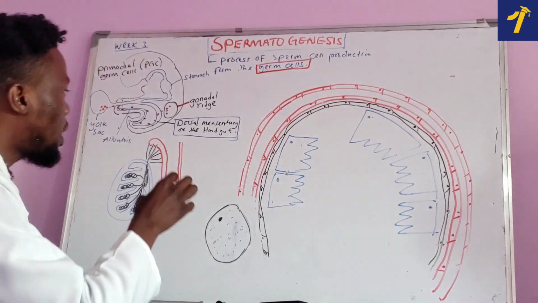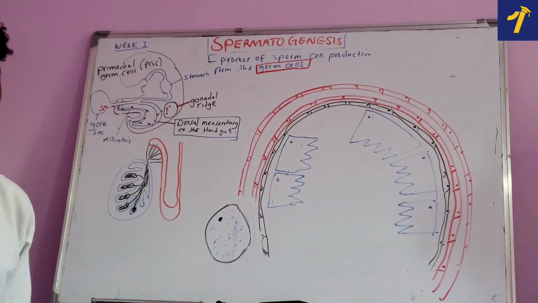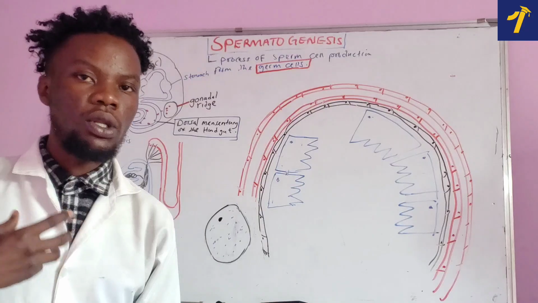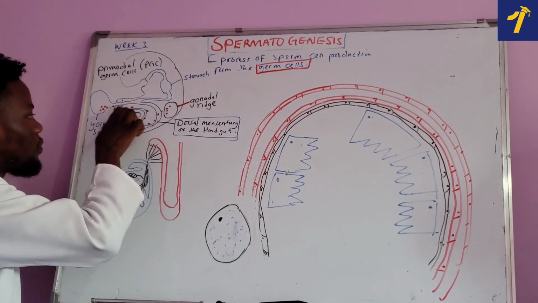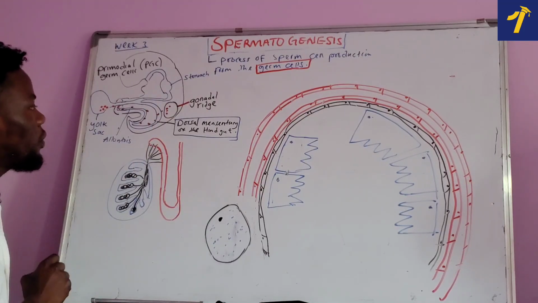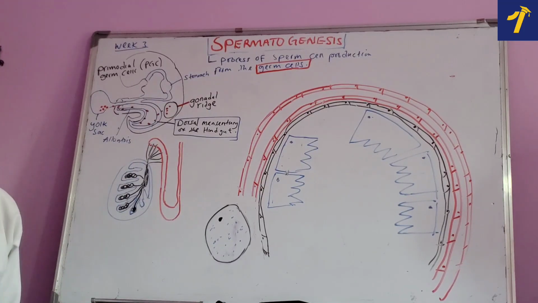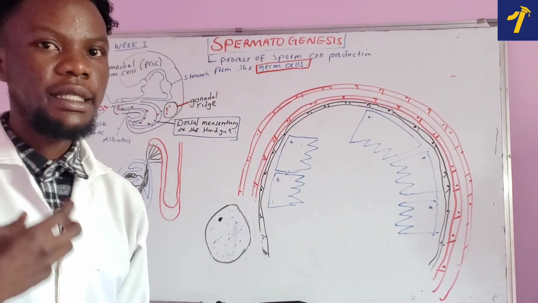If they are found outside the gonads, they can develop what we call cancer. So we don't need that. They need to move from the yolk sac up to the gonadal regions. That's why it's very important for them to migrate, to prevent cancer.